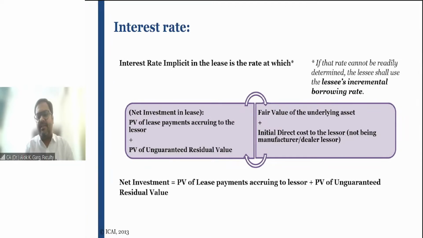So now the question is, for example, I am a lessee. I have taken an asset on a lease basis for 10 years. Lease term is 10 years. Underlying asset is, for example, a car. And I am paying a future cash flow of 1 lakh rupees every year.